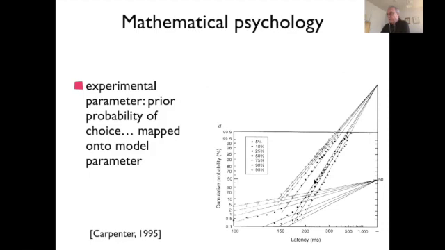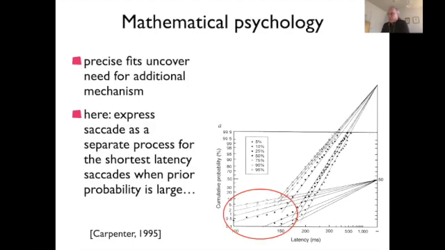Here the experimenters manipulated the a priori probability of a visual target, so how often it occurs in a data set, and then got different reaction time distributions as a function of that. That's how they were able to map an experimental parameter onto a model parameter, and thus compress the behavioral regularity of this kind of situation into this model.